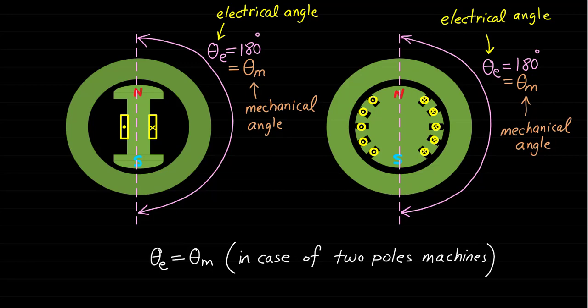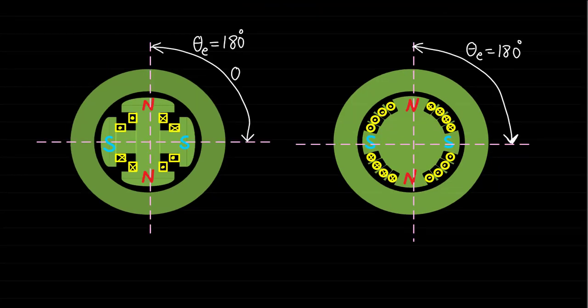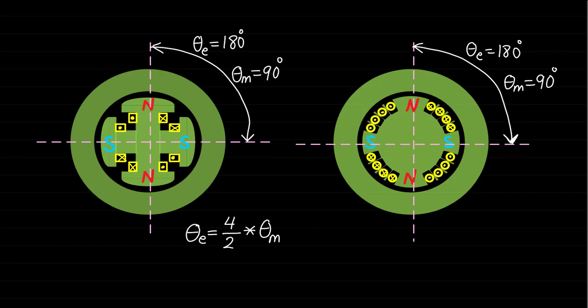So in case of the 4 poles machine, the angle between the north and south is still 180 degree electrical, while the mechanical angle is equal to 90 degree. In other words, theta E is equal to 4/2 times theta m, or theta E equals 2 times theta m, where the number 4 is the number of poles.